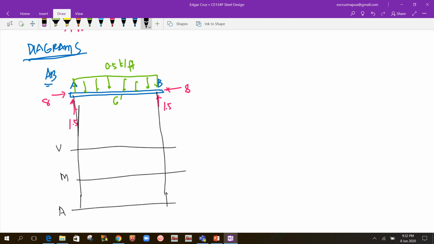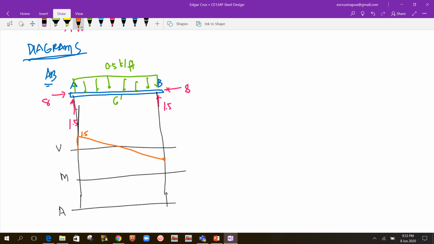Let's start with the shear diagram. For the shear diagram we have 1.5 going up. Then you have a uniform load of 0.5. So 1.5 minus 0.5 times 6, we have negative 1.5. So negative 1.5 would be somewhere here. The uniform load is zero degree, so the shear would be first degree.